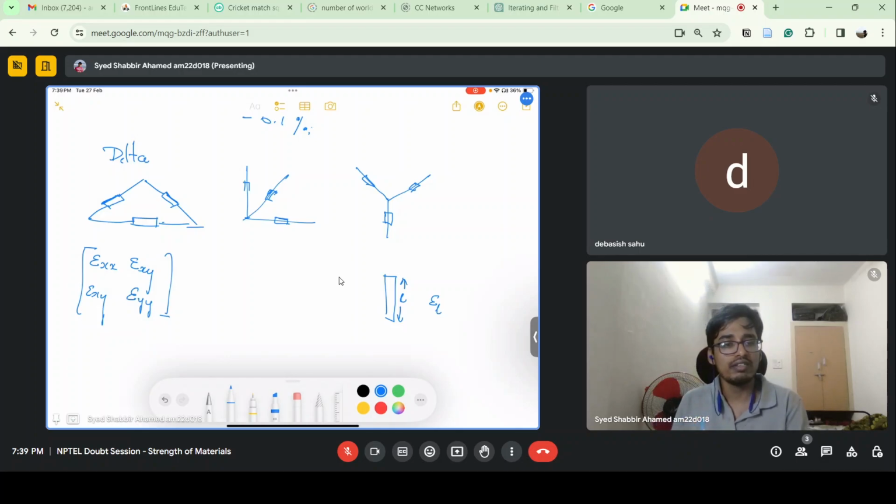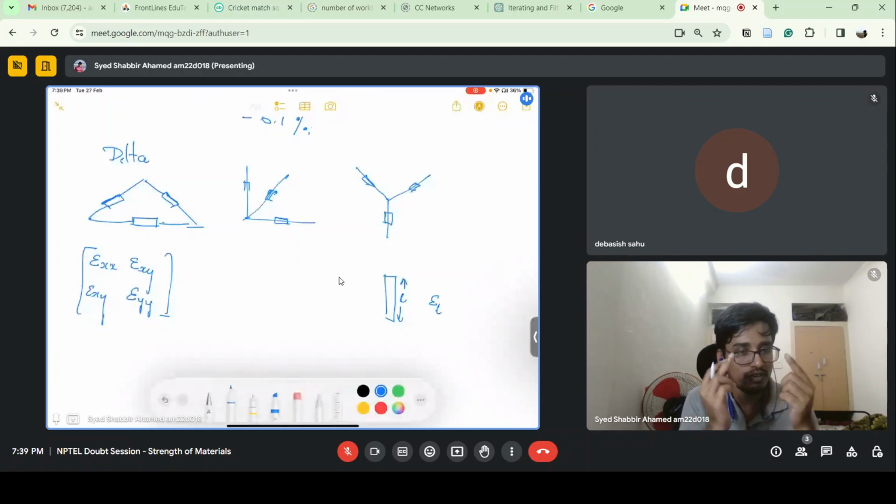So if I want the whole state of strain at a particular point, I have to use this strain rosette and attach it at a particular point on the specimen.